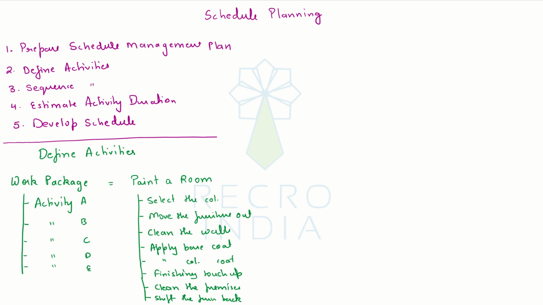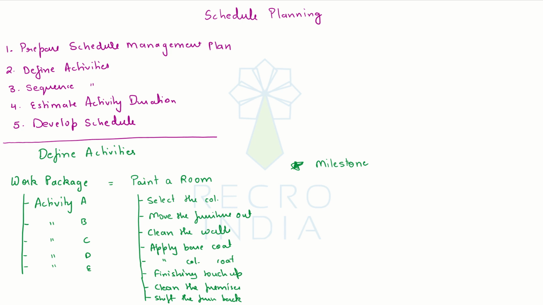Now, along with defining activities, there is also a concept of milestones that we will want to understand. A lot of times when I ask people how do you describe a milestone, I get answers like completion of something is a milestone, or a particular deliverable is a milestone, and many such examples.